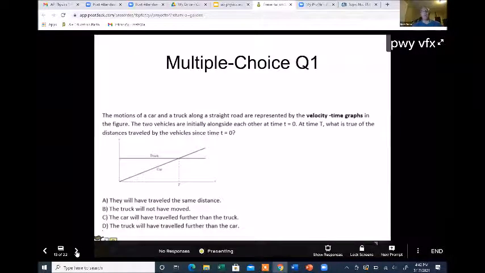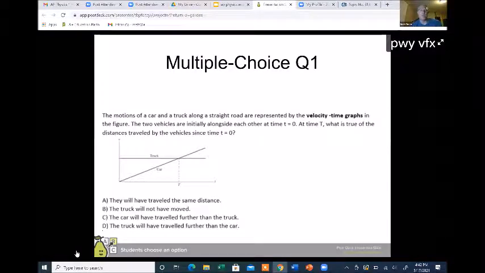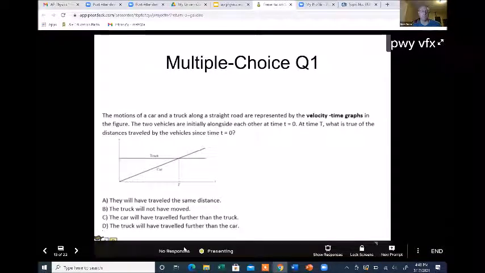All right, so now we're on a multiple choice question. I want you guys to take a couple of minutes, read the question, and go ahead and type in what you think the correct answer is to multiple choice question 1. Again, go ahead and put in your answer.